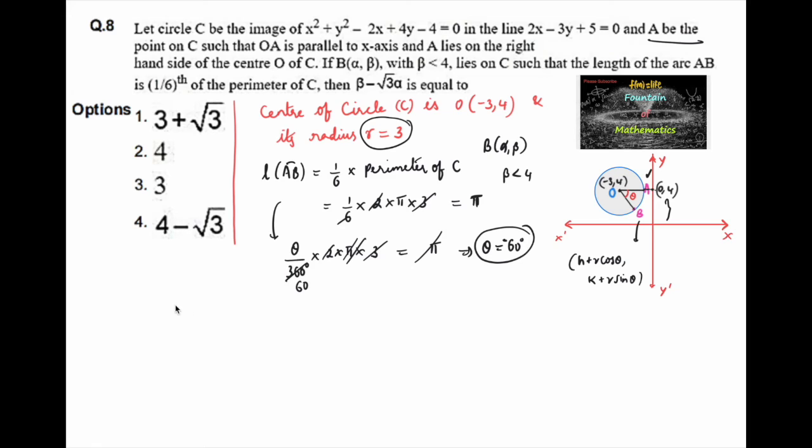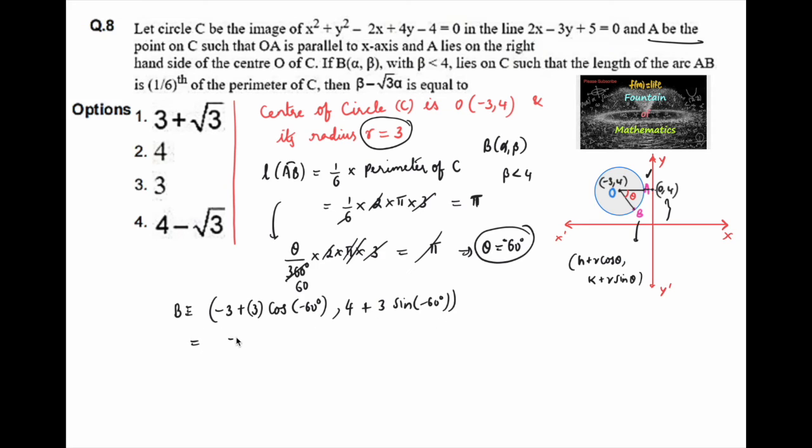So we take the point B as h plus, that is minus 3 plus r, which is 3 units, into cos of minus 60 degrees, and k plus, that is 4 plus r, that is 3 times sine of minus 60 degrees.